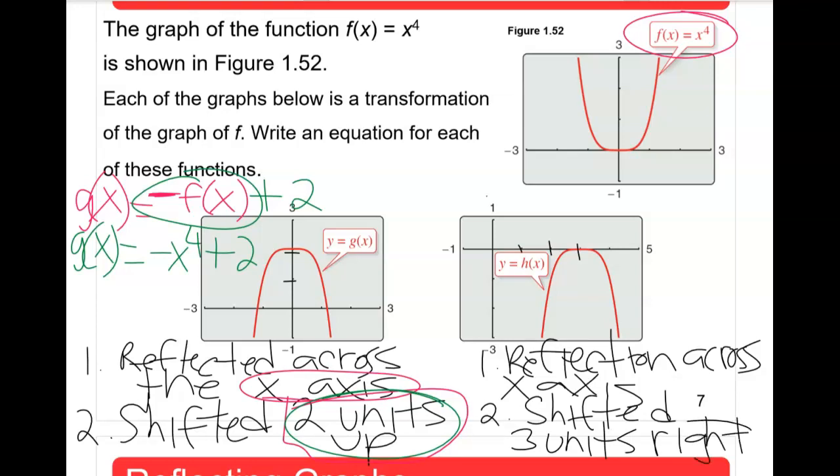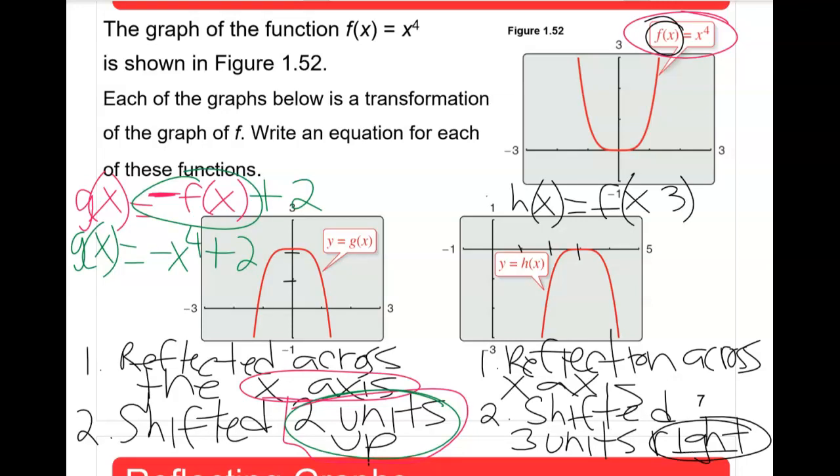So because we see to the right, the equation, and in this case we're going to call it h of x, it's going to be the same as f of x, but we're going to include the 3 inside the parentheses.